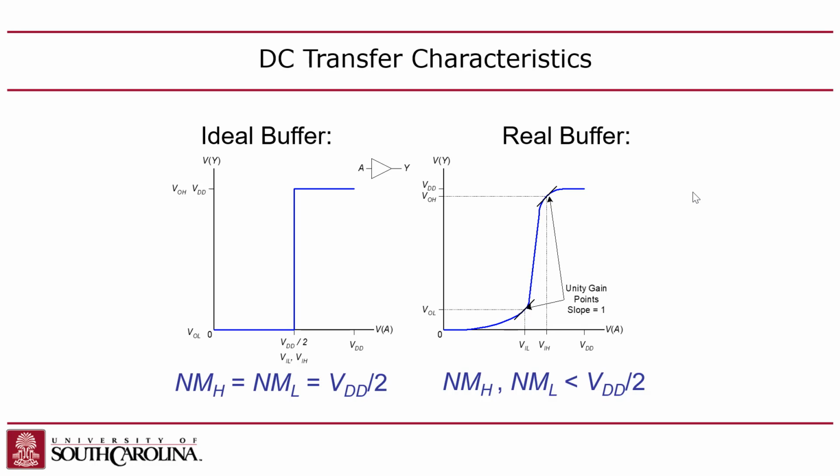And so what you end up with in reality is, if you look at the point here where you have what's called unity gain, which is where the slope of the trace of this line is 1, right? That's like the elbow of the curve, essentially, where the slope is 1. That's where it changes. It sort of starts racing up, right?